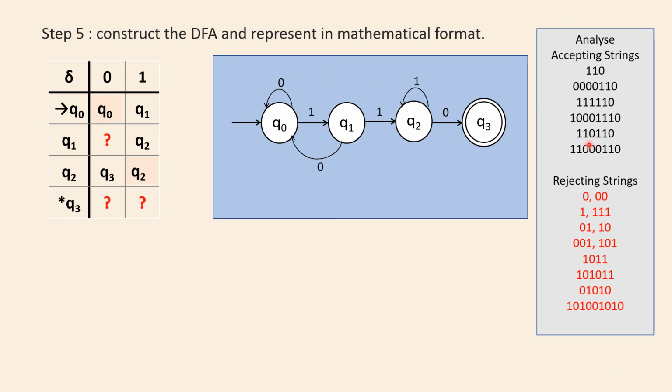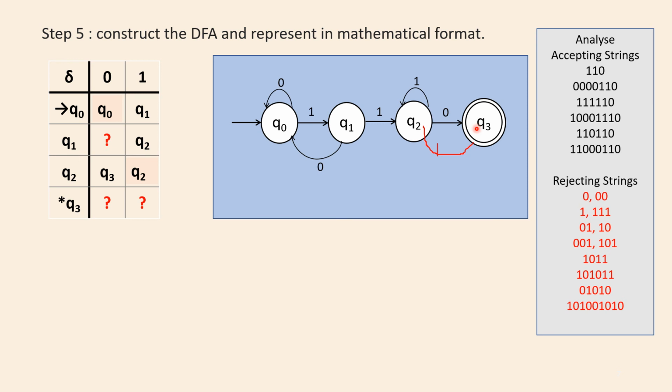Next we have 110110, which is supposed to be accepted. So if I have 110 and if I give 1 from Q3 to Q2, what happens if I have a string that is 101 or if I have 110 ending with 10, it is supposed to be rejected.